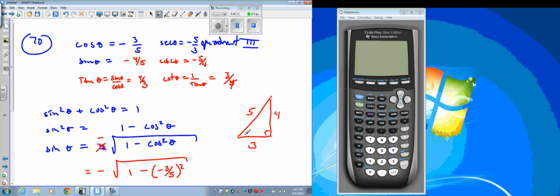If this is the angle, it's 4/3. And if you go to cotangent, it's 3/4. And whenever you see this, you'd say that's a 3-4-5, and you'd automatically know that the sine is going to have a 4.